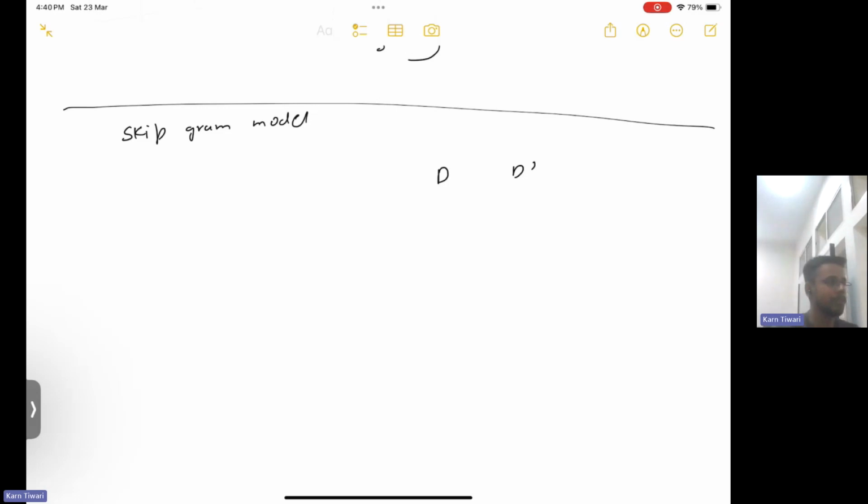Otherwise, if it is on the right, it's zero. Finally, each internal node is associated with a vector ui.